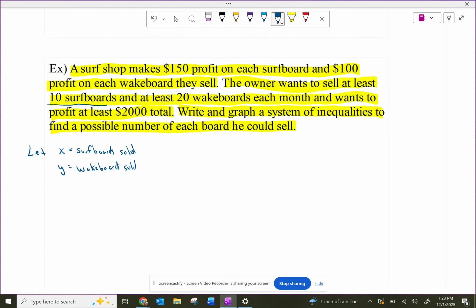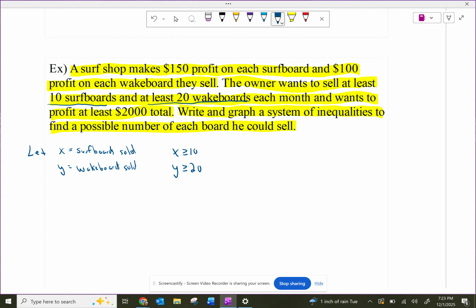So the amount of surfboards that are sold has to be at least 10. So the value of X has to be greater than or equal to 10. We need at least 20 wakeboards sold, so the value of wakeboards, Y, has to be greater than or equal to 20.